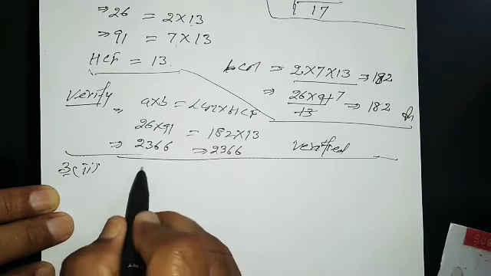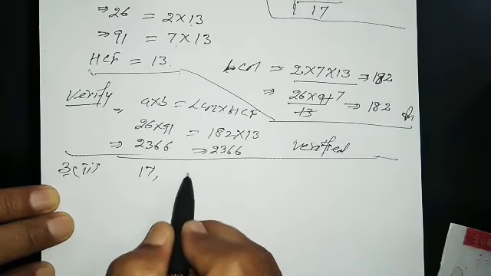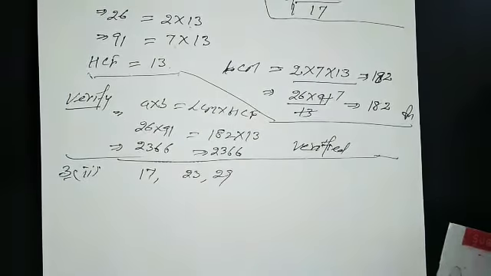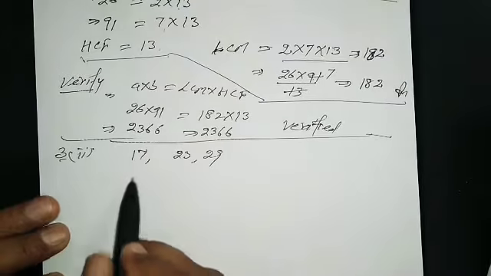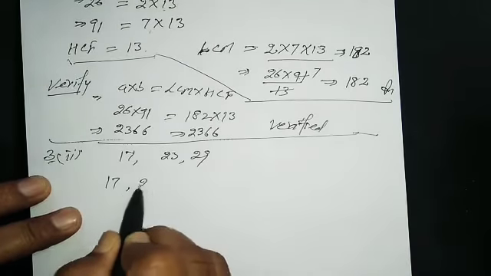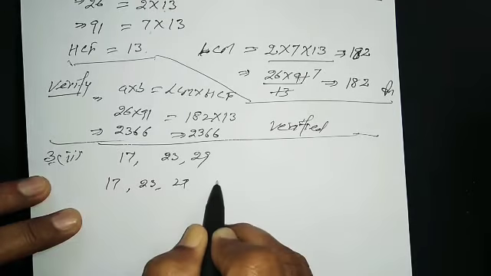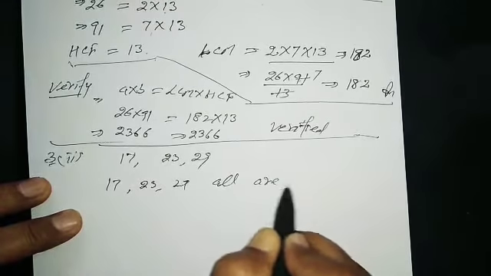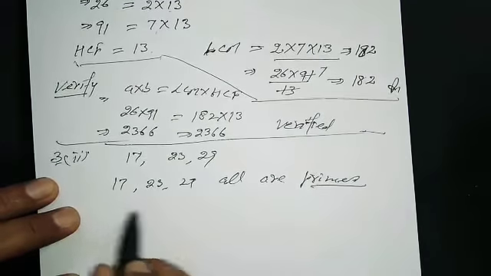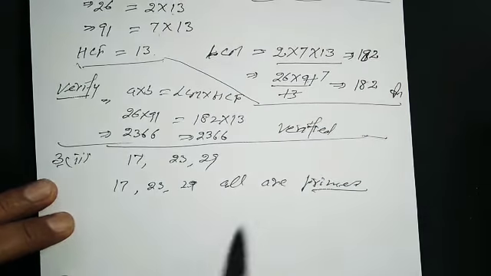Nothing is different in this question. 3 numbers are given. As you see, 17, 23 and 29 are all primes, not composite, so cannot be factorized here.